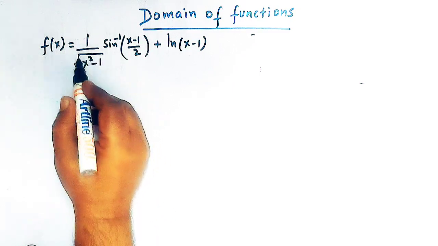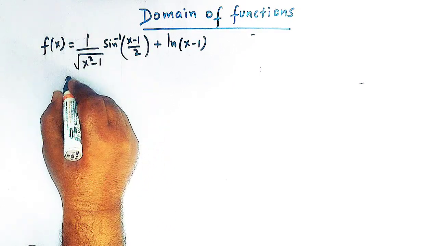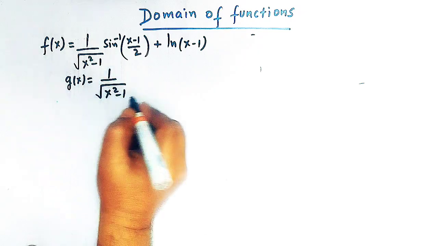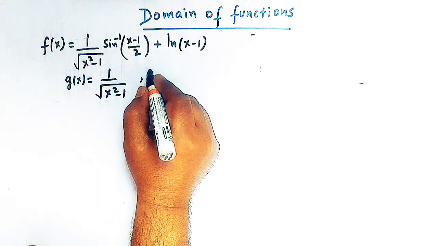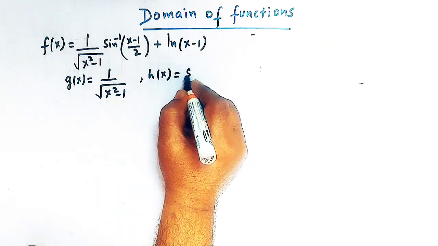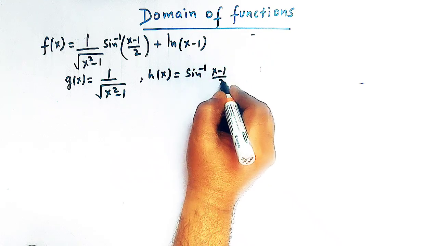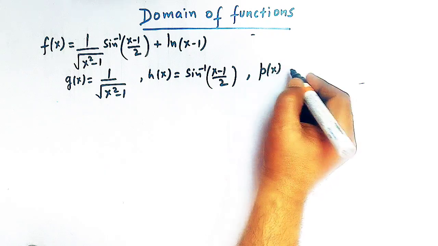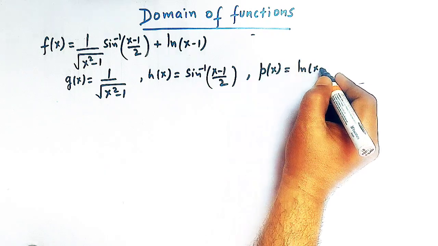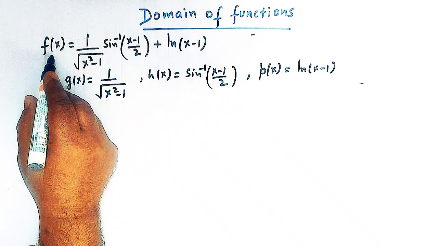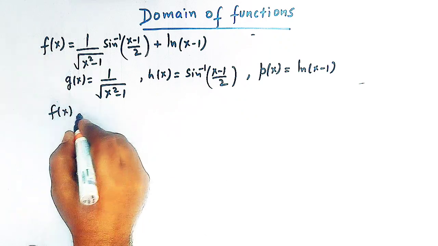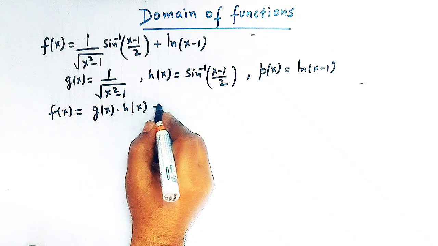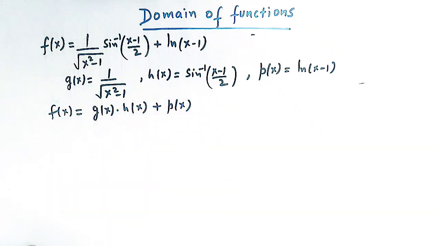So let us first assume that this function is g of x, that is 1 over square root of x square minus 1, and let us take this function as h of x, that is sine inverse of (x minus 1) over 2, and let us take this function as p of x, that is natural log of x minus 1, so that we can now write this function f of x as g of x times h of x plus p of x, right?